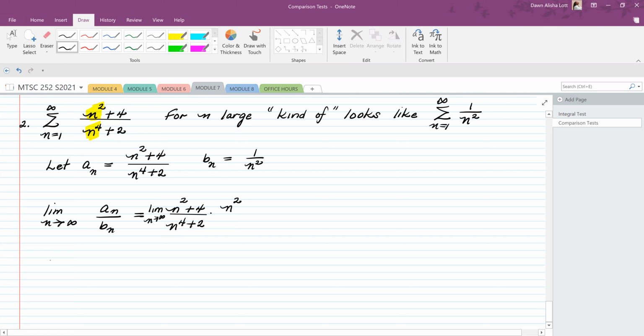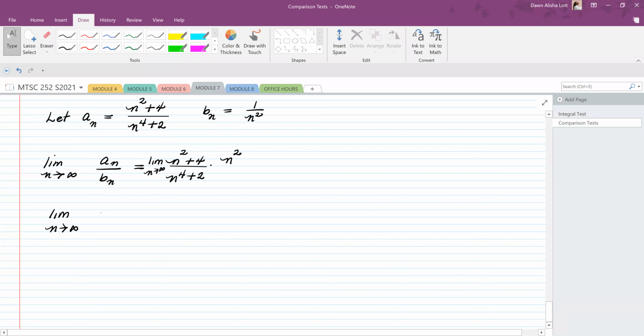So now I get the limit as n approaches infinity of n to the 4th plus 4n squared divided by n to the 4th plus 2.